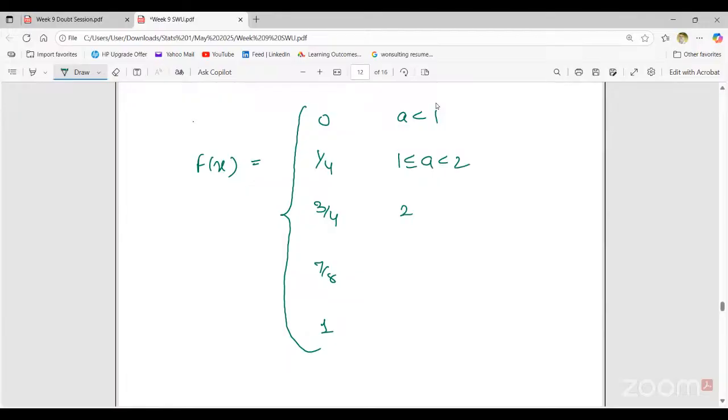Okay. Now this is the CDF that I have been given. So now you have been told to calculate the PMF. Can you guys do that?